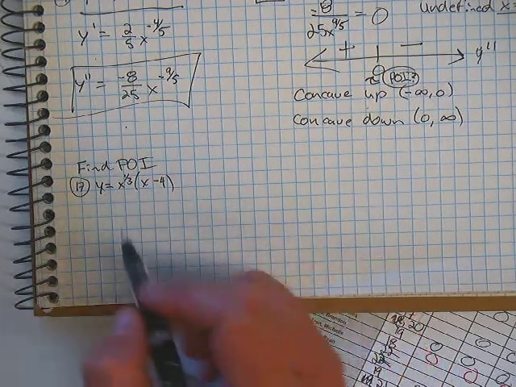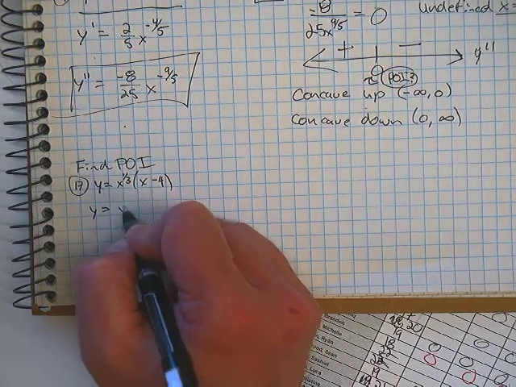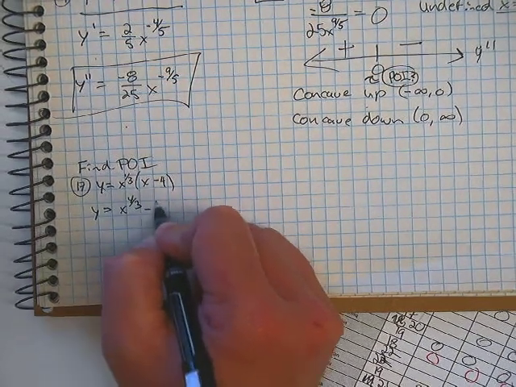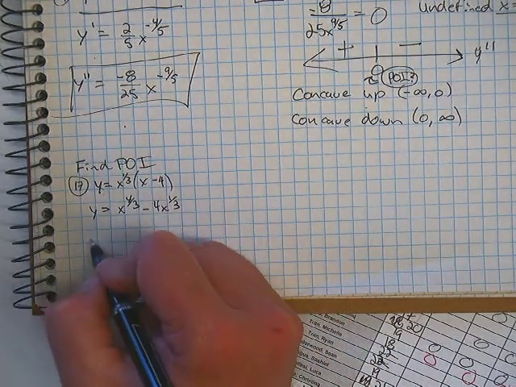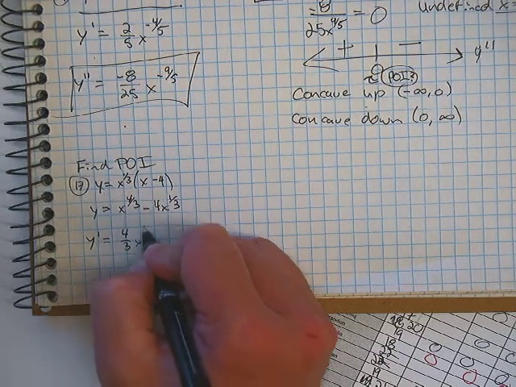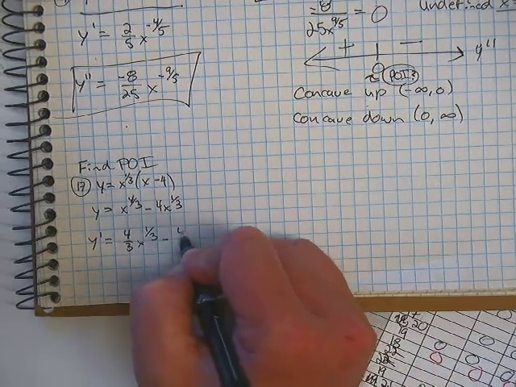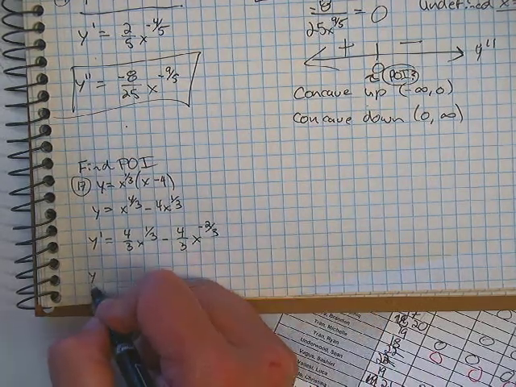Okay. Now the next question does say find the point of inflection. So if we were going to do this problem right away, I look at it and I go, oh, this is going to be product rule, which we don't want to do, but if we just multiply that through, this would give us x to the 4/3 minus 4x to the 1/3. Now it's much easier to do the derivative of that.